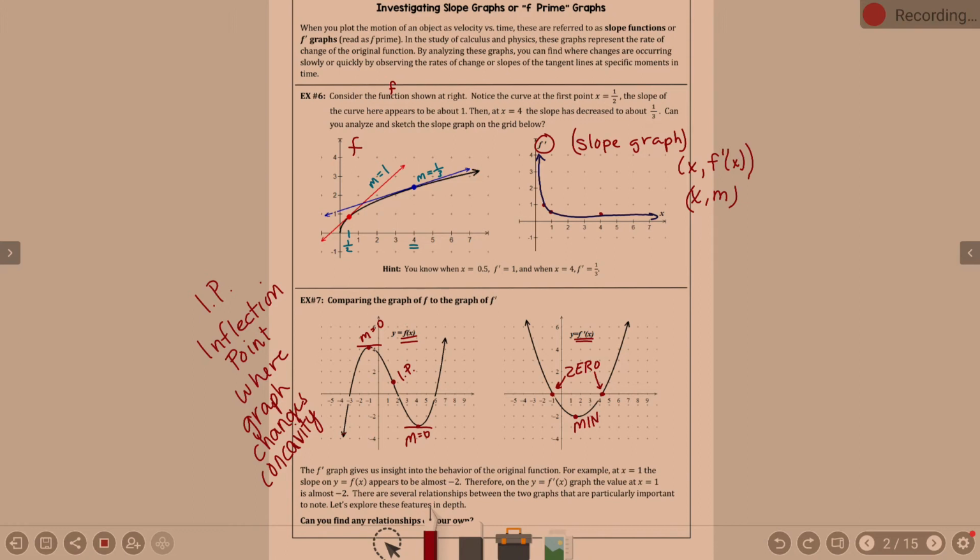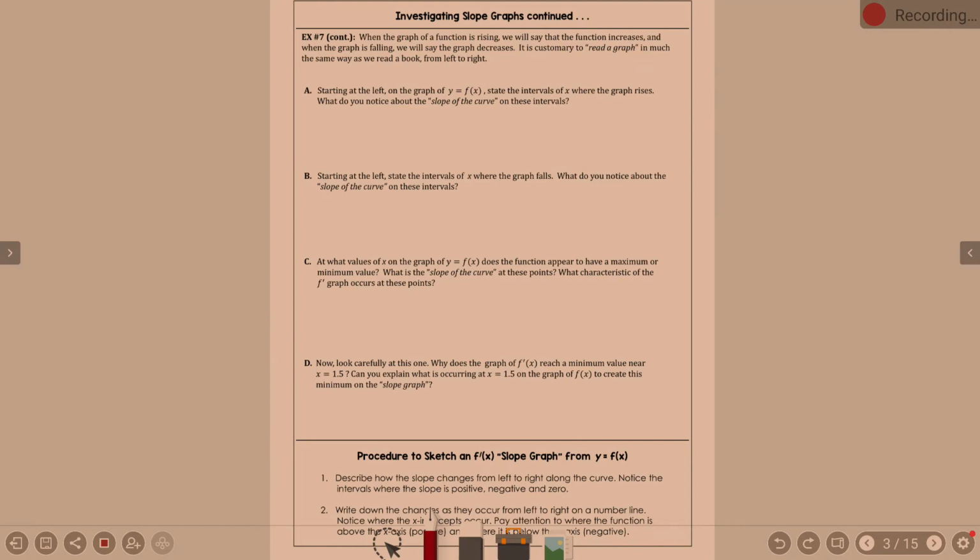Do we ever increase again? Yeah, when do we start increasing again? About 4 to infinity. So f of x increases on negative infinity to negative 1 and 4 to infinity. I've written down 4.2 on my notes because when I looked at the answer key, that's what she used. But 4 in that vicinity, right?